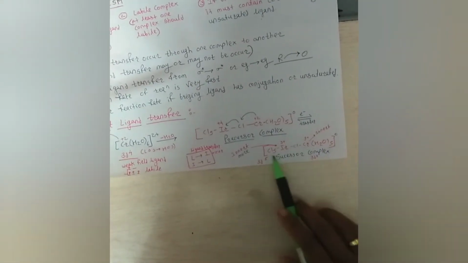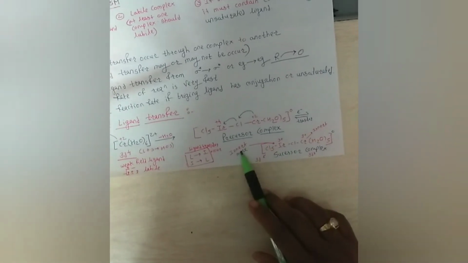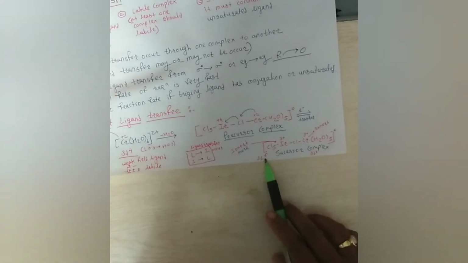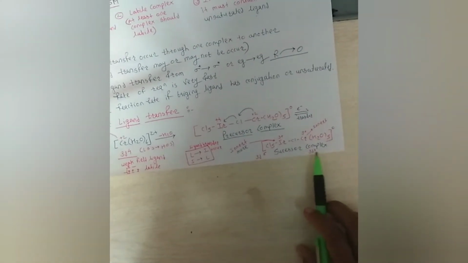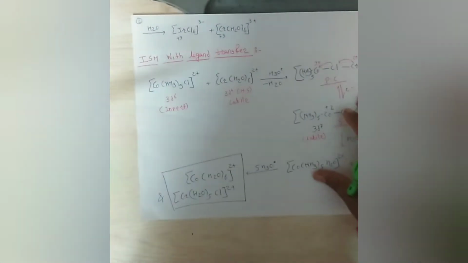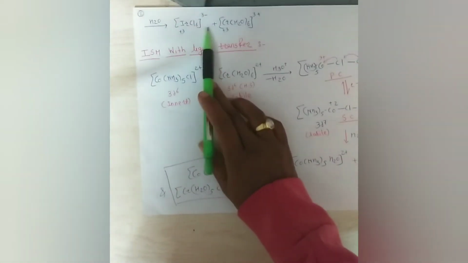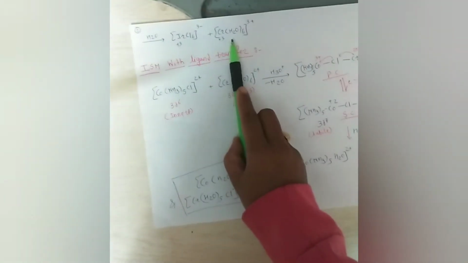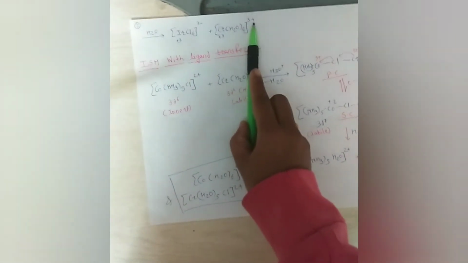So in this particular complex, iridium is more inert because its system changes from D5 to D6, and in the second 3-3 system it acts as an inert complex. So after hydrolysis of such a complex occurs, we are having iridium Cl6 3- and chromium H2O6 3+.